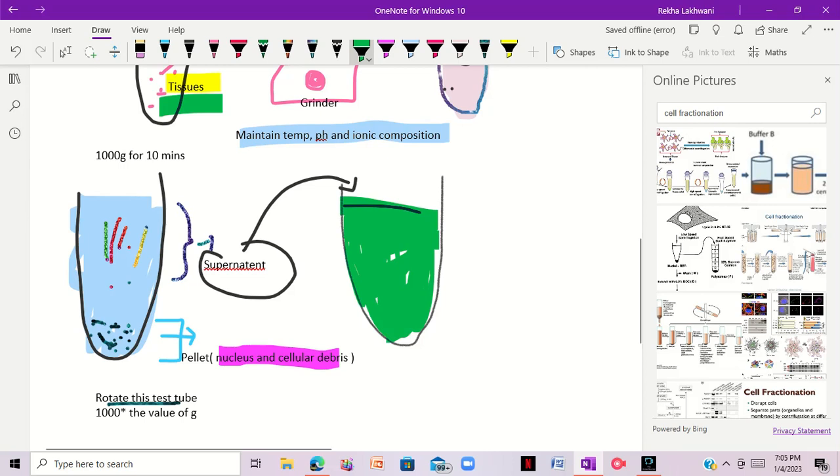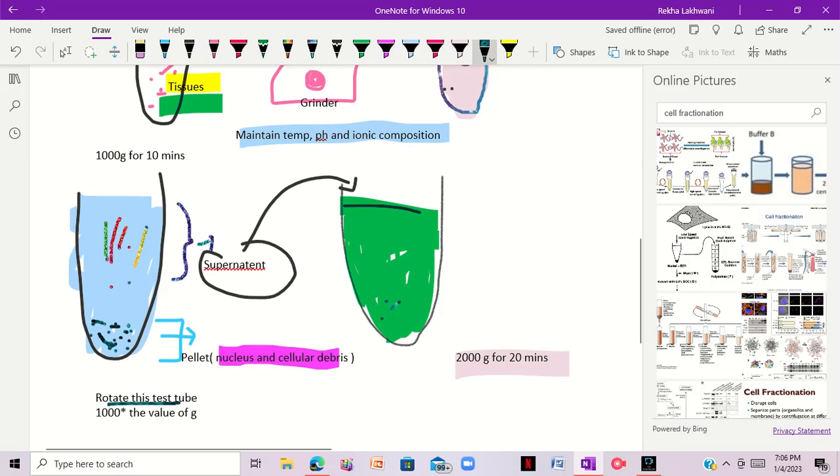Now I will again rotate this test tube, giving more power to this, for example 2000 G for 20 minutes. Now what will happen again?